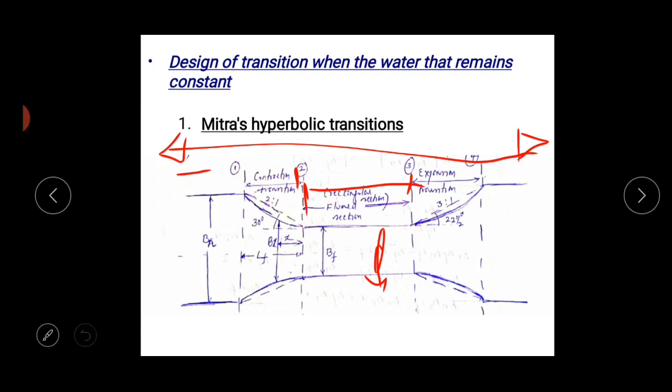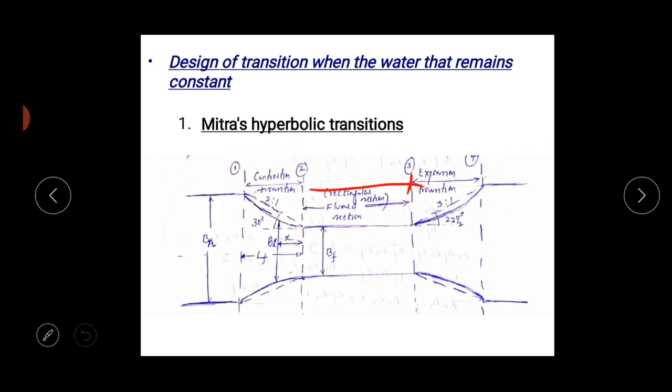Let me erase this one. Here first thing, this is your contraction transition and this is your expansion transition, which are the two extra transitions which are going to come to reduce the width of the canal, but the length will be large enough.